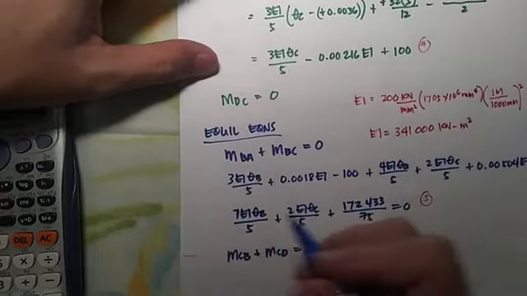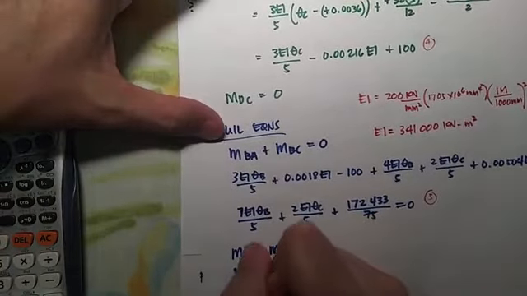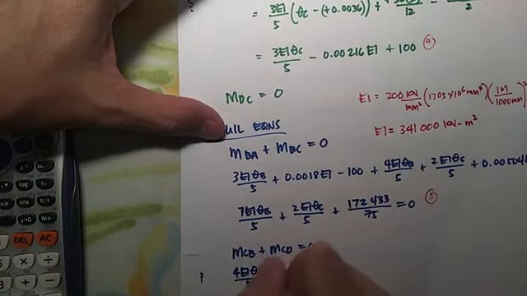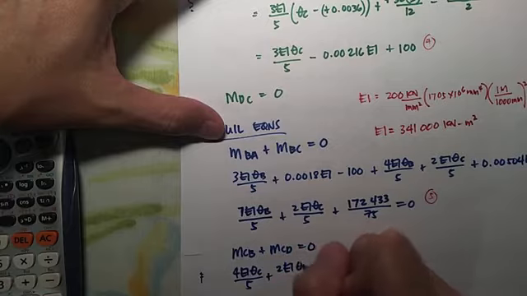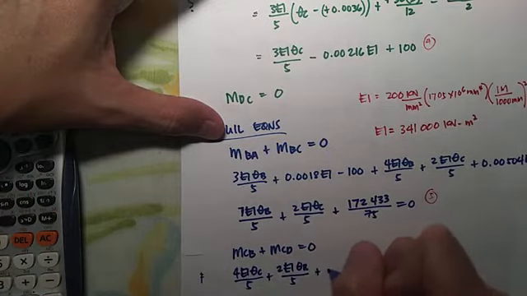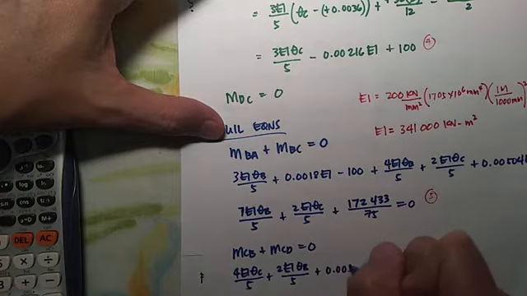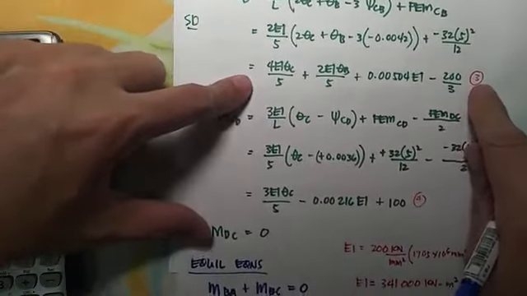Kopyahin ko lang ha. So that would be 4 EI theta C over 5 plus 2 EI theta B over 5 plus 0.00504 EI minus 200 over 3. So kinopya ko lang yung equation 3.